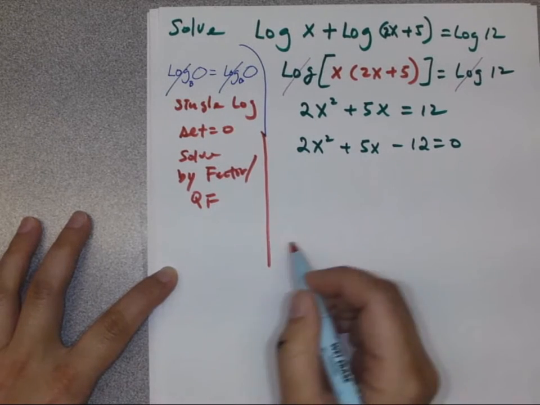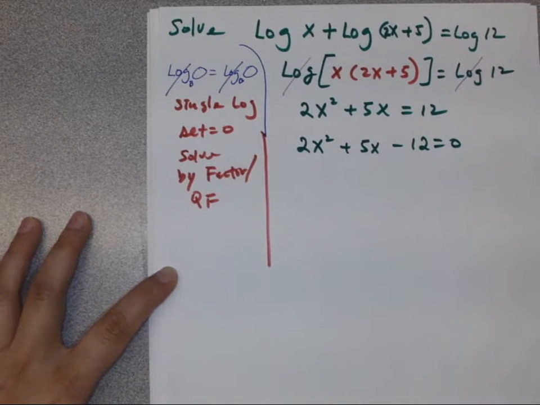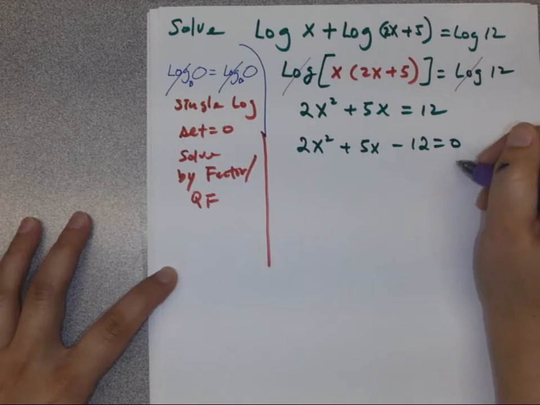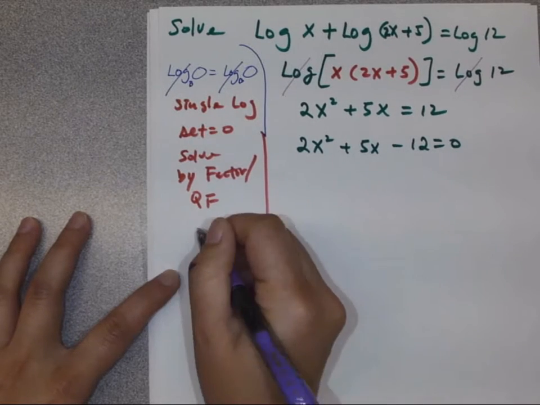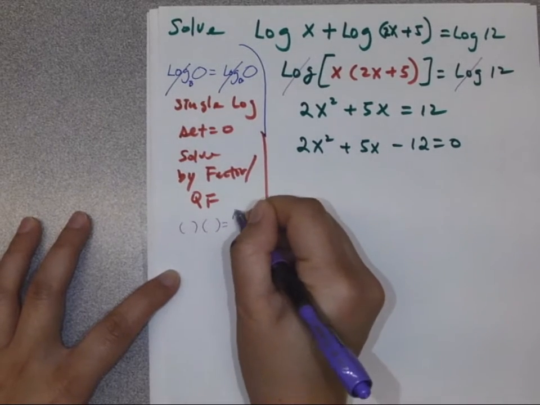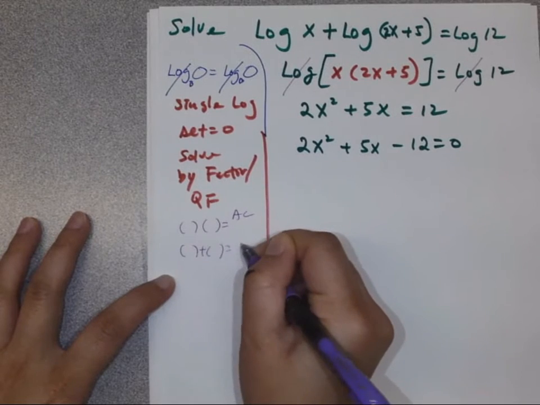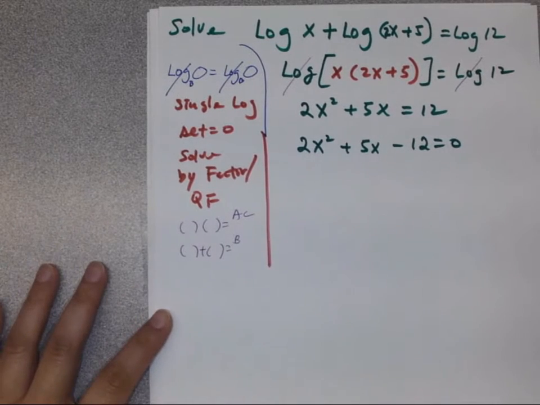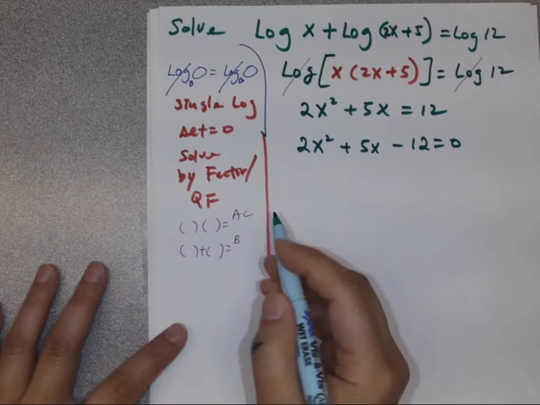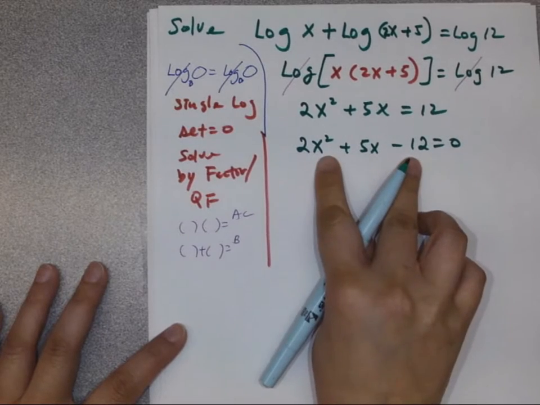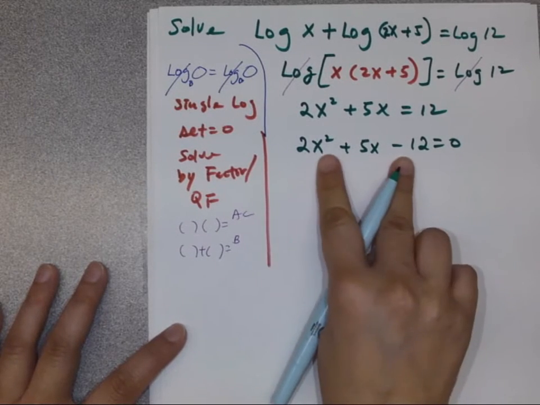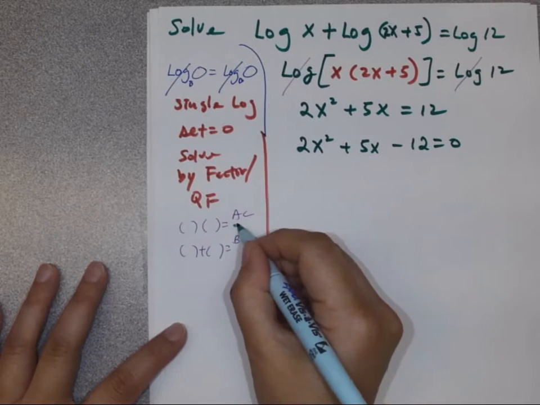Okay, so I have to finish this on the page in order to record, so let's try it with this limited space. We need something times something equal to A times C that add together to equal B. A times C is what? No, be careful. Negative 24.